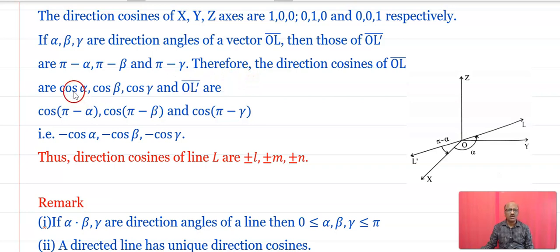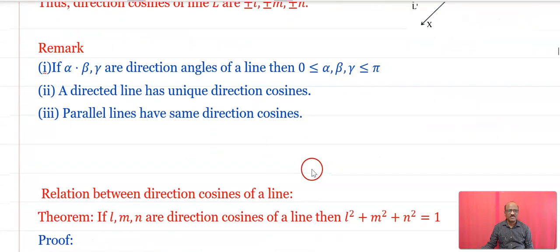Cos of pi minus alpha is minus cos alpha, cos of pi minus beta is minus cos beta, and cos of pi minus gamma is minus cos gamma. Therefore the direction cosines of the line are plus or minus L, plus or minus M, plus or minus N.